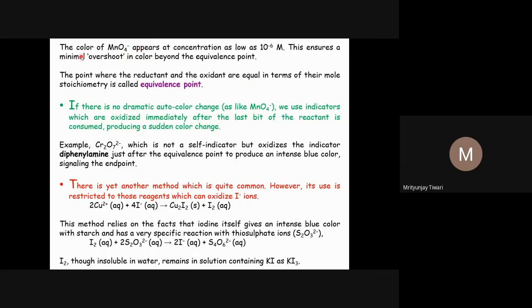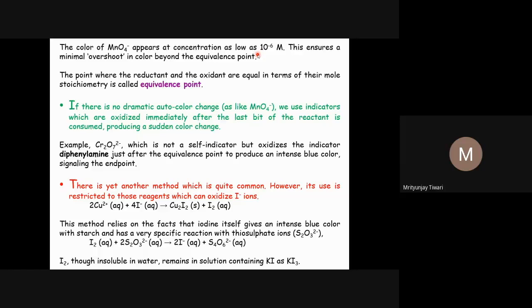So this ensures minimal overshoot in color beyond the equivalence point. Suppose instead you add a reagent that shows an intense color only at, say, 0.011 molar concentration. That is not a small amount, and that much excess of the reagent has been added during the chemical transformation.